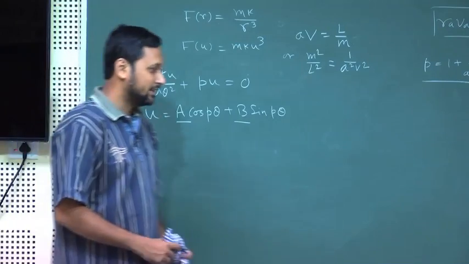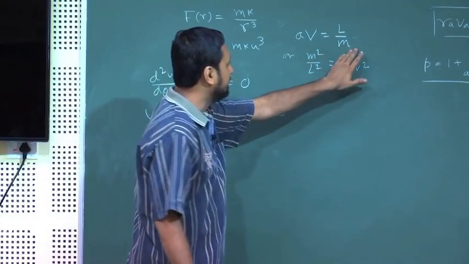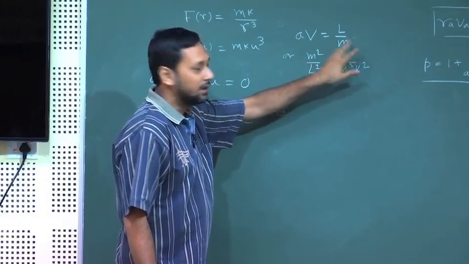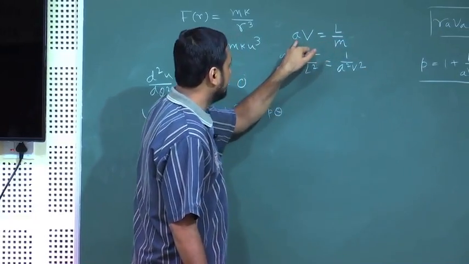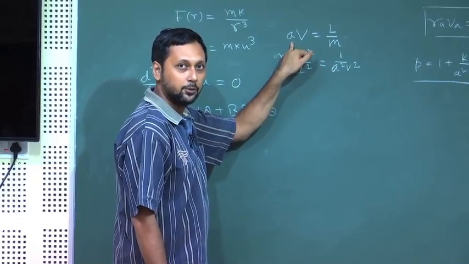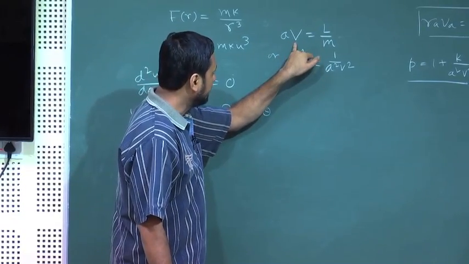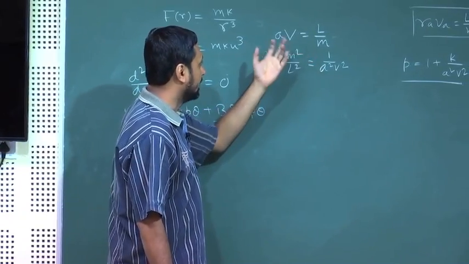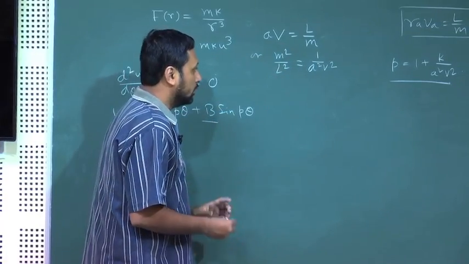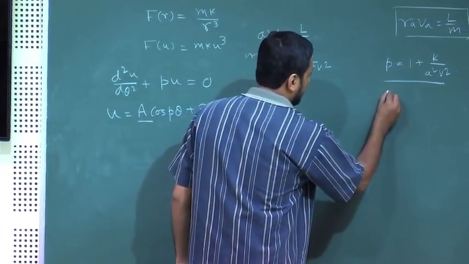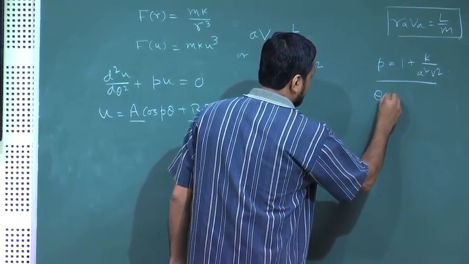Now, what are the initial conditions? Once again, this is the initial condition which is given to us. A is the distance of initial projection, V is the initial velocity, and as we know, for an apse we can safely consider that it happened at theta equal to 0.